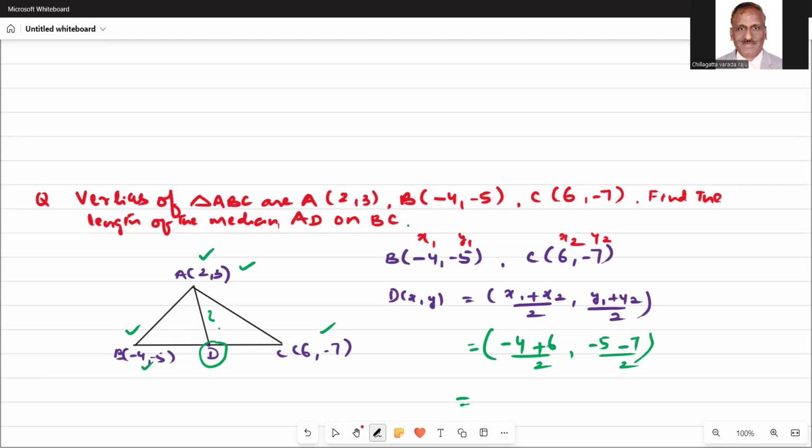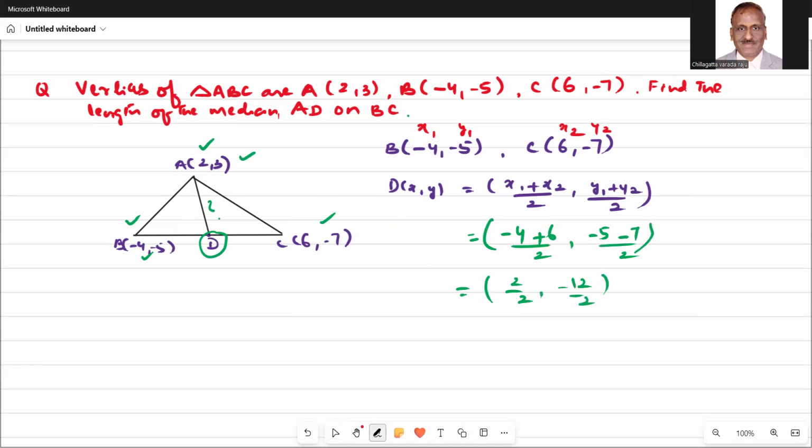If you simplify further, -4 plus 6 is 2 by 2, and -5 minus 7 is -12 by 2. On simplification, 2 and 2 cancel one time, and 2 divides 12 six times, so it is -6. That means we got the coordinates of D, that is (1, -6).